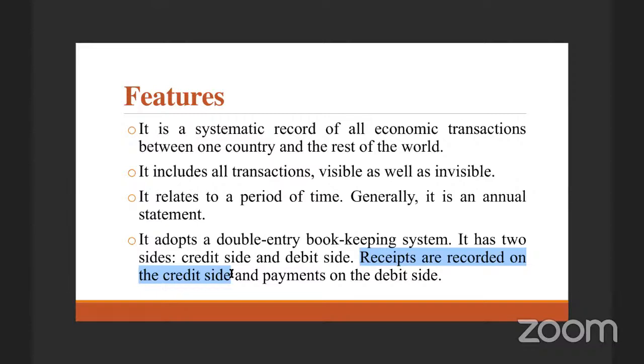And this particular balance of payment follows the nominal account rule. Debit all payments and credit all receipts, right? So this is the rule of nominal account, of the double entry bookkeeping system. Fine.